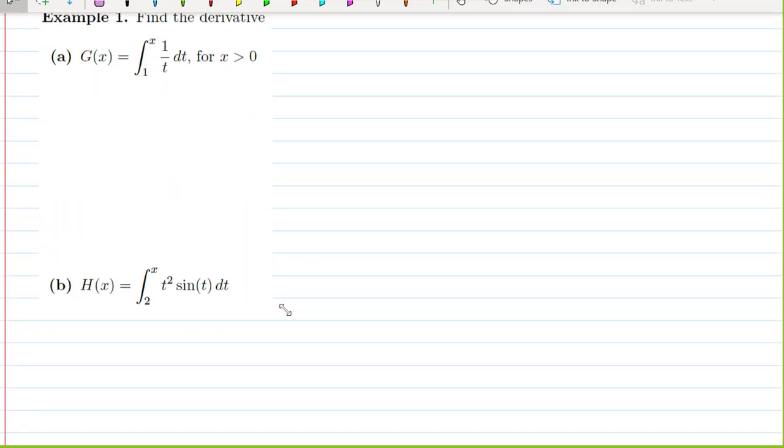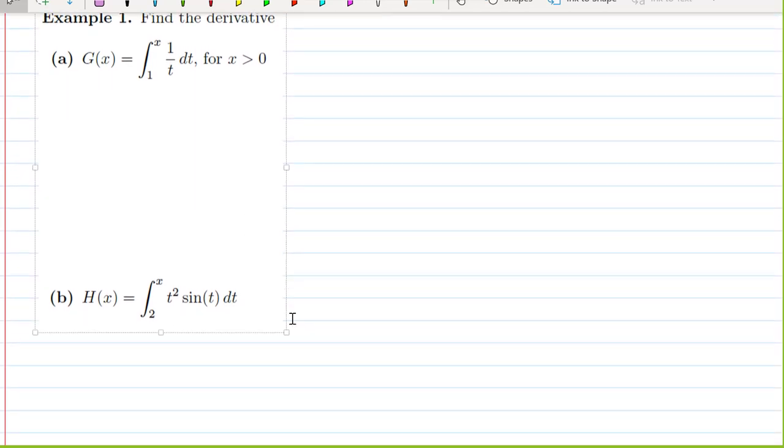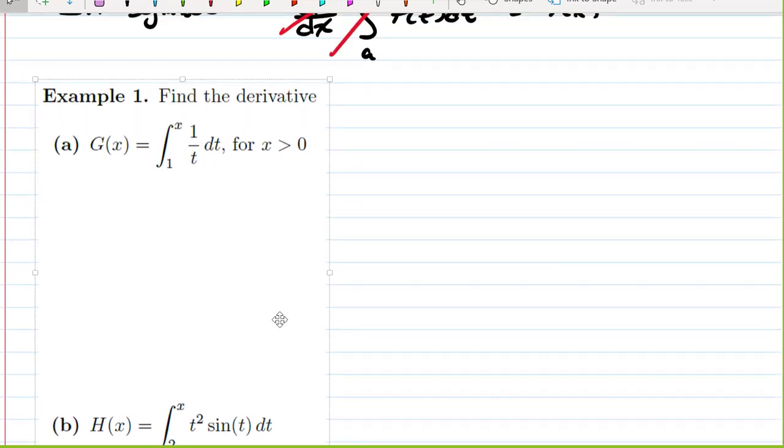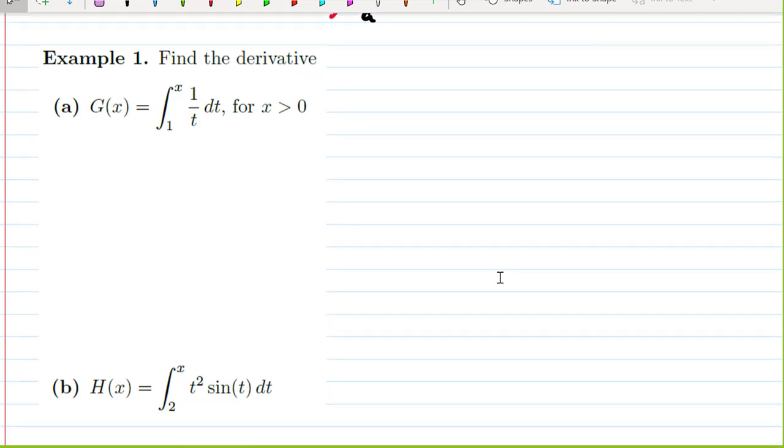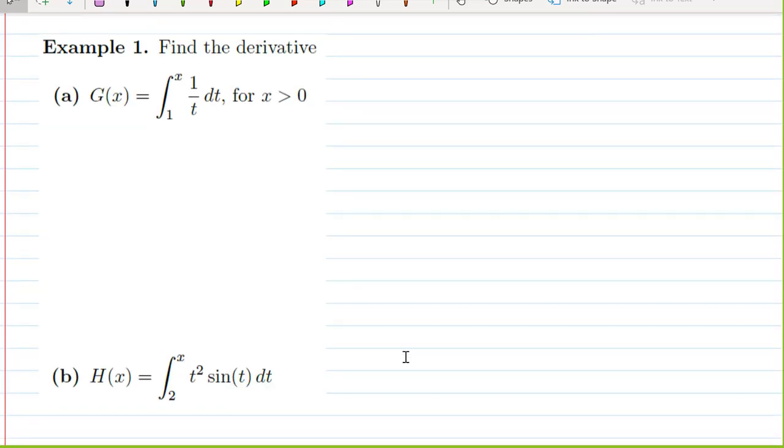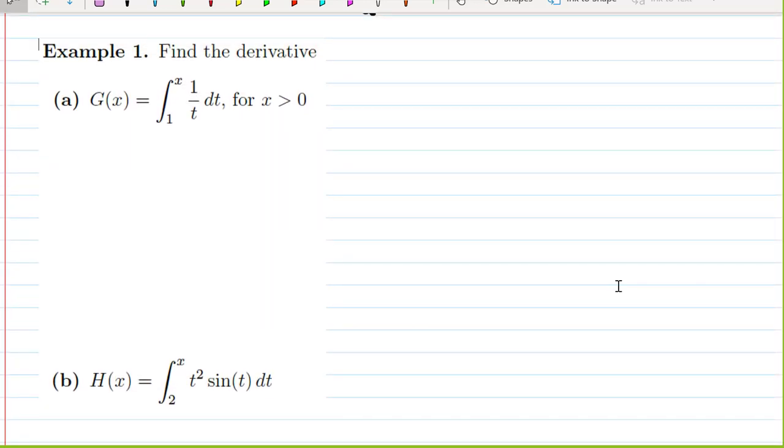Alright, so example number 1 wants us to find the derivative of g of x. So g of x is equal to the integral from 1 to x of 1 over t dt for x greater than or equal to 0.